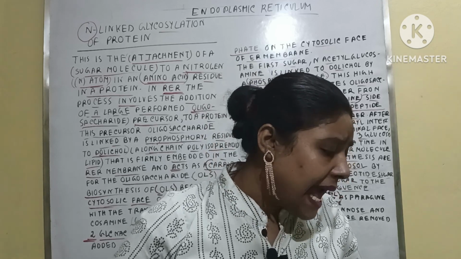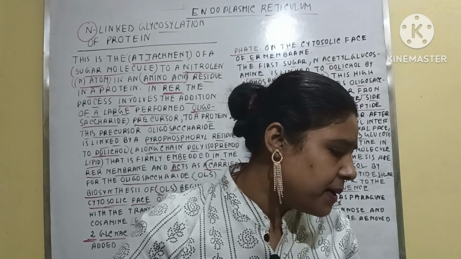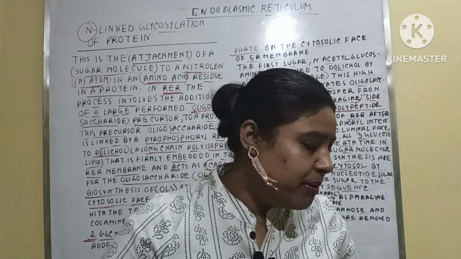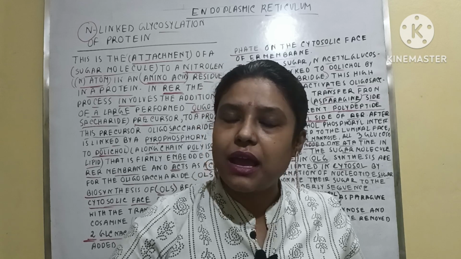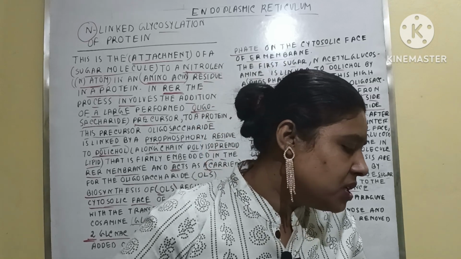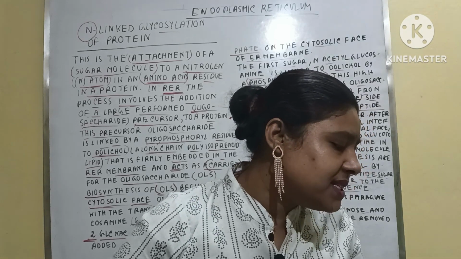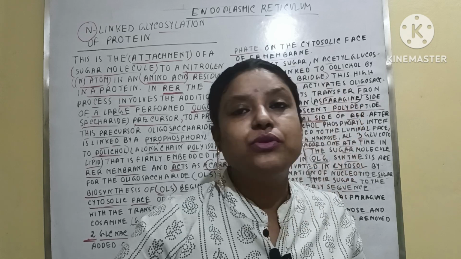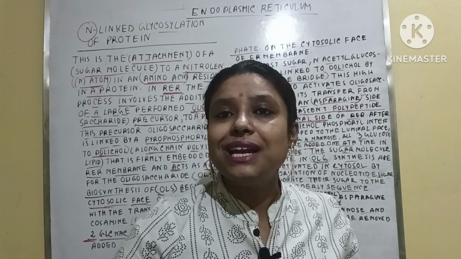Another thing is that some glycoproteins act as antigens, but without oligosaccharides these glycoproteins cannot act as antigens. And the third point is that N-linked oligosaccharides confer stability on many secreted glycoproteins.